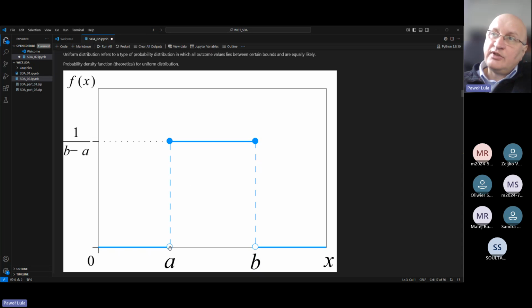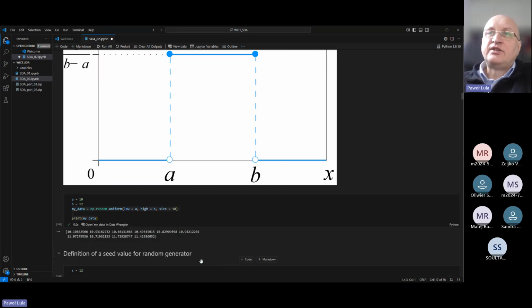We can divide this interval from A to B into many subintervals of equal length, and the probabilities of belonging of generated values to every interval are always the same. How to generate values having this distribution?